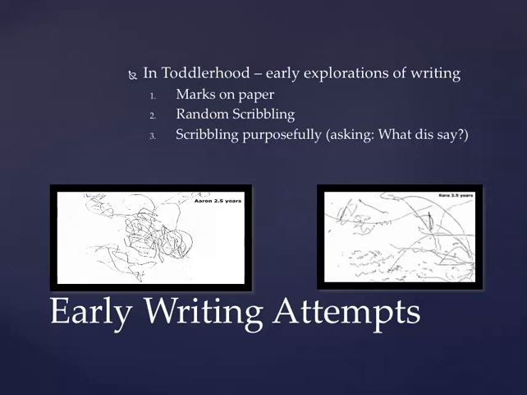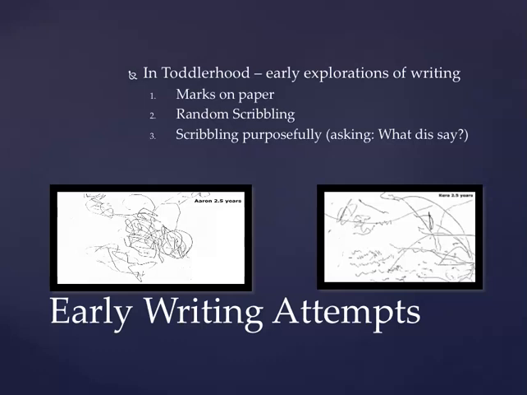It moves from making marks on paper that are just random marks, when they don't necessarily have much control of the writing instrument, to then making random scribbling, which starts to look like something that resembles writing. And then they start purposefully scribbling.